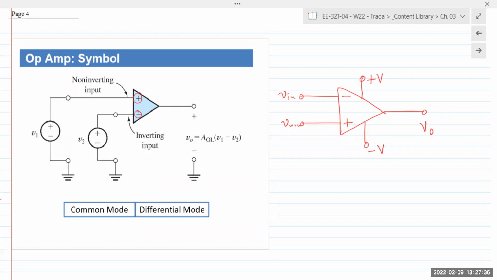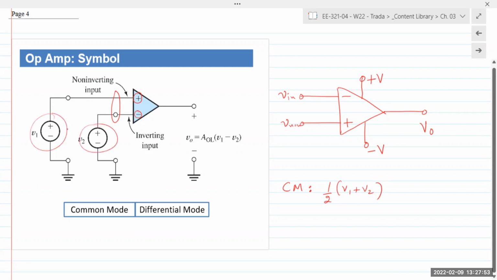The actual signal going into the op amp for a common mode operation would be the average of the two, half of V1 plus V2. When I say V1, V2, it's right here.